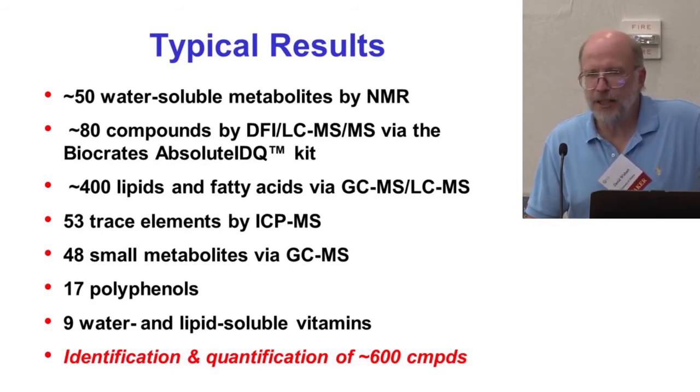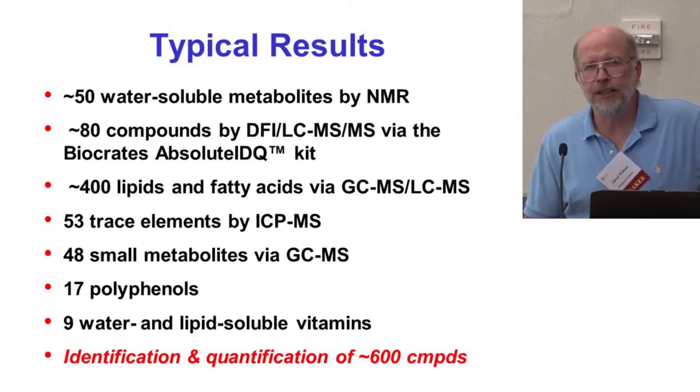In the case of mass spectrometry, between 80 and 100 compounds, about 400 different lipids and fatty acids. We did about 50 trace elements. We used gas chromatography to detect about 48 compounds. And then we had specialized assays to measure the polyphenols and lipid and water-soluble vitamins. So with this metabolomics-based multi-platform approach, we're identifying and quantifying about 600 compounds for each food item.